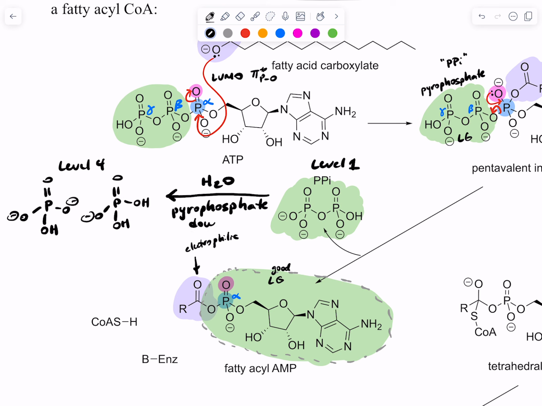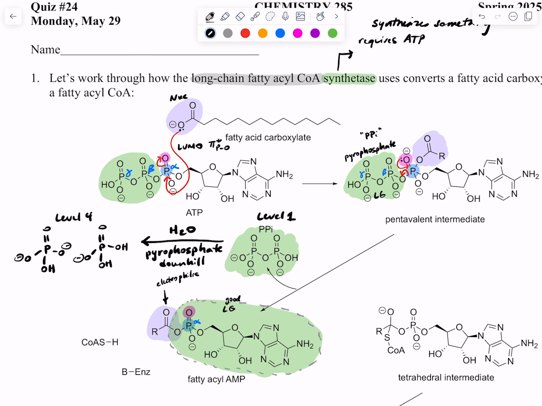So this is very downhill, and to some extent that pays for the reaction happening. And this is one of the reasons why we say this reaction consumes 2 equivalents of ATP, because you do break 2 phosphoanhydride bonds.